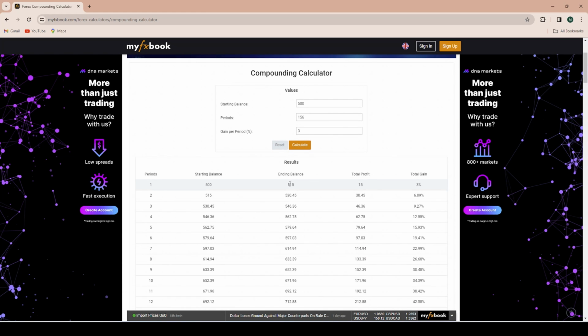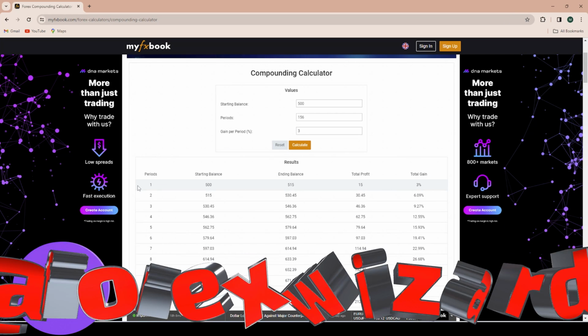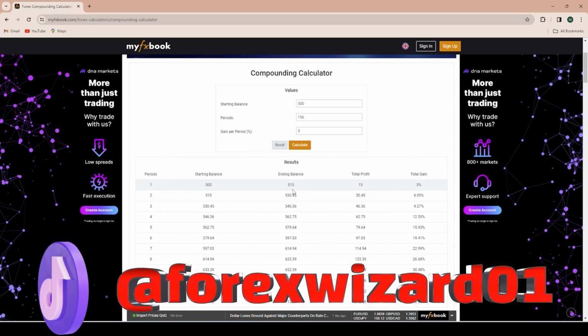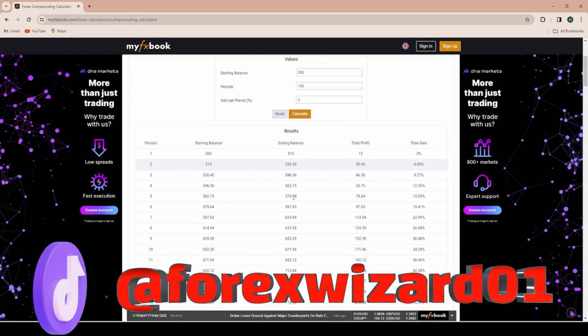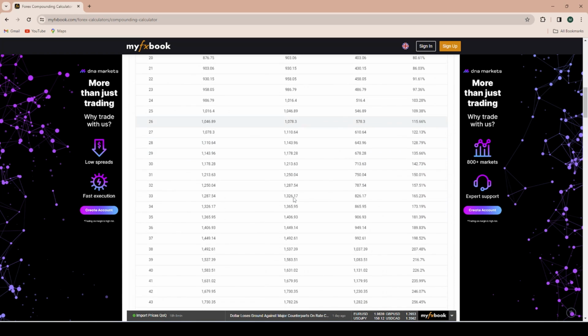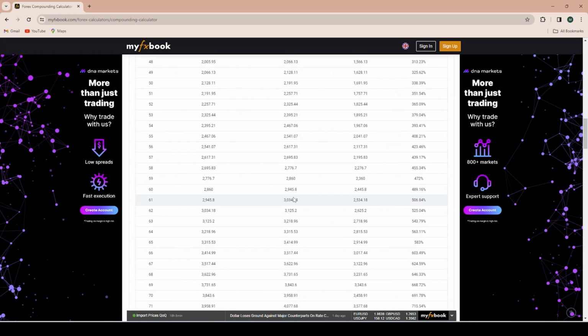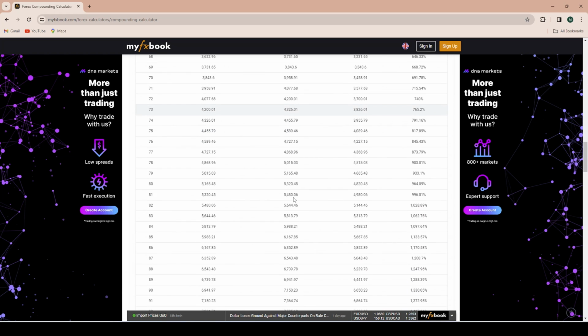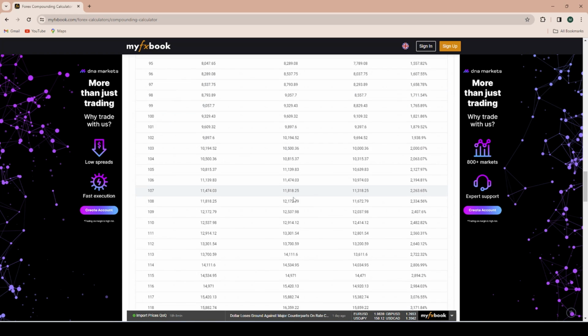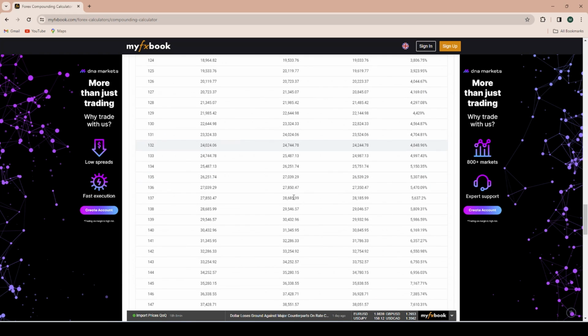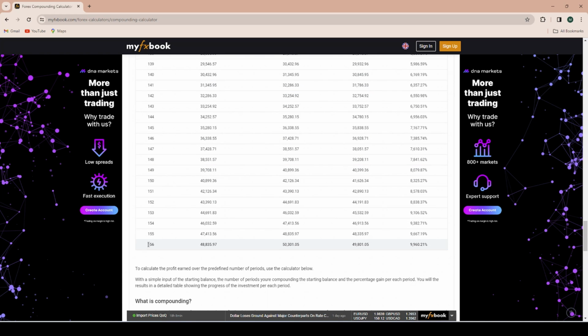As you can see, it's growing exponentially because every time you gain profit, it's added to your equity. At the end of these 156 weeks, the $500 account turned into a $50,300 account. Guys, can you imagine that?